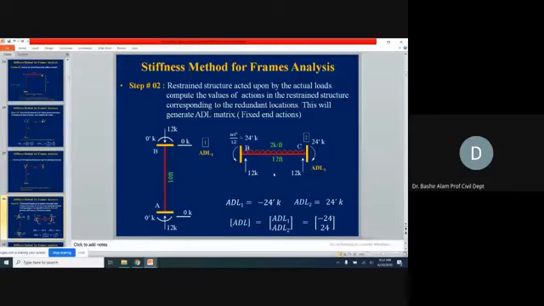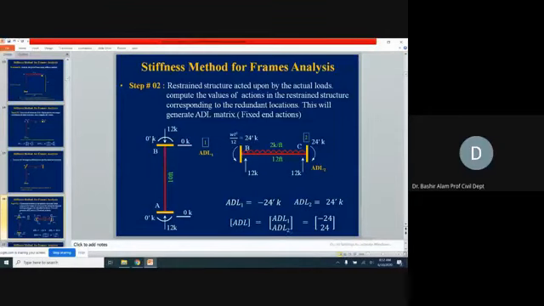Now, coming to the ADL matrix. If ADL1 we are discussing, we are coming to coordinate 1. This is the D1 location, which was joint B. And the corresponding actions to the rotations are moments. So from BA, MBA is how much?